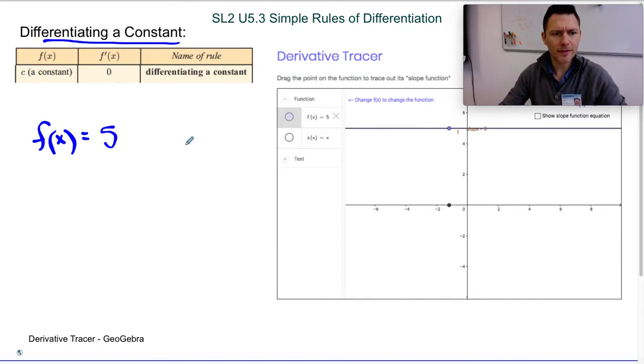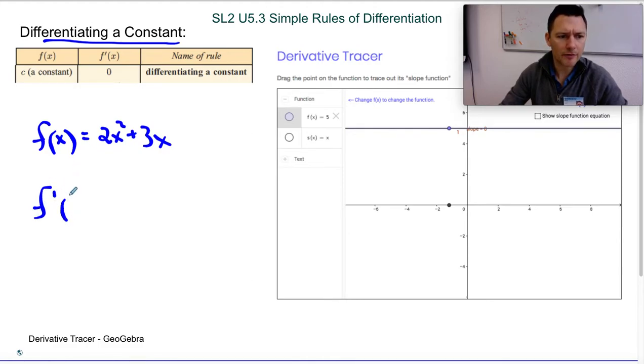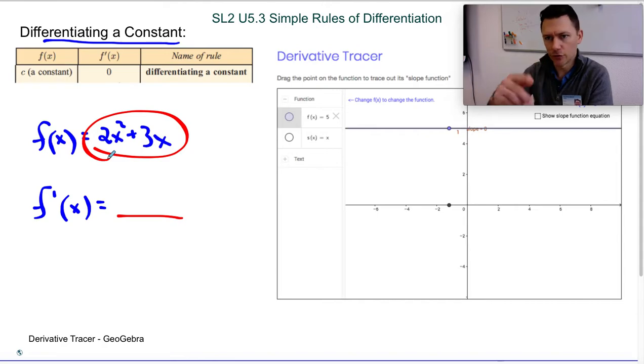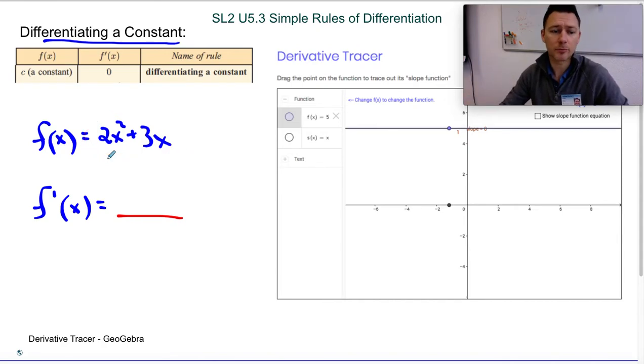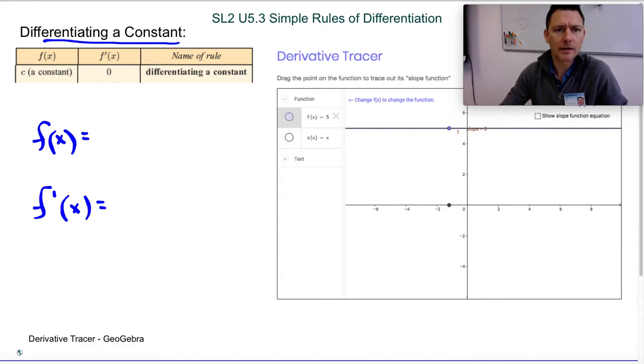If we had this, what f prime of x means is it's a rule for the slope of this curve at any one specific point x, right? Well, that's what the derivative is. So if we had something more basic like f of x equals 5, we can still find the derivative of that. It's the slope, right?